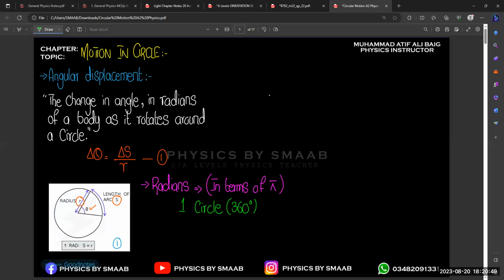So to convert into radians, we need to consider the circumference of the circle. Any idea how much the circumference of a circle will be? That is 2 pi r.